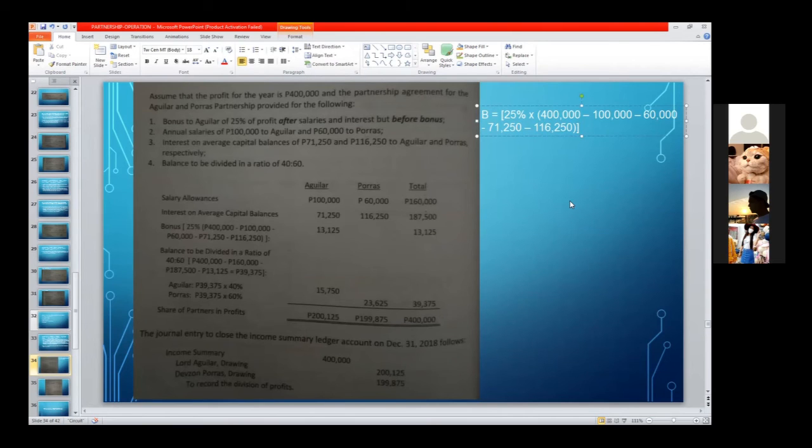O, try nyo compute yan. I-chat nyo kung anong lalabas. O, so magkano lumabas?